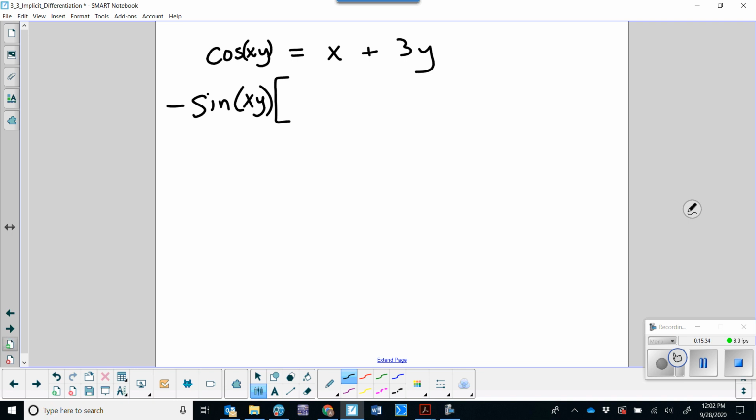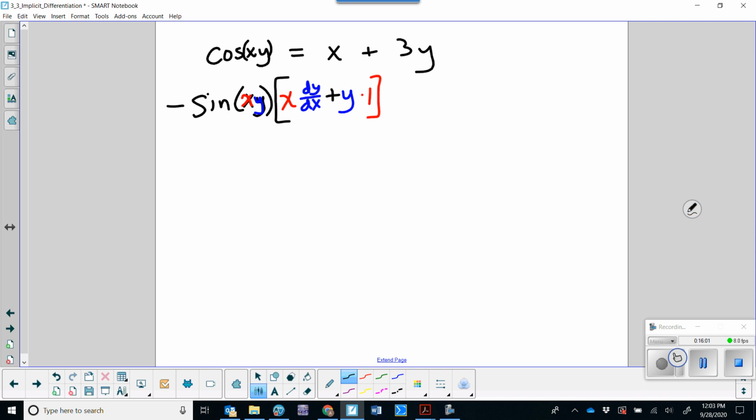So the derivative of the inside is a product. You have a first term and a second term. So you're going to get first times the derivative of the second, derivative of y with respect to x, plus the second times the derivative of the first, and the derivative of x is still just plain 1, okay?